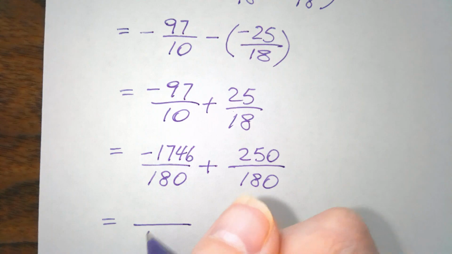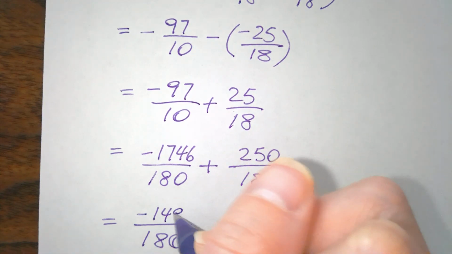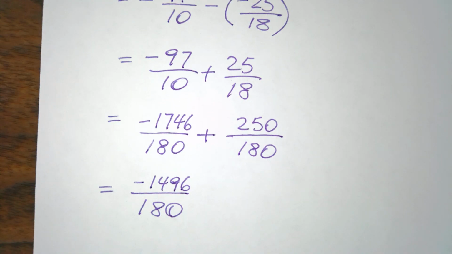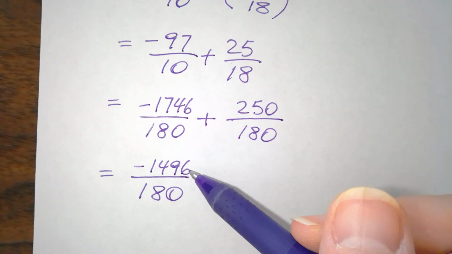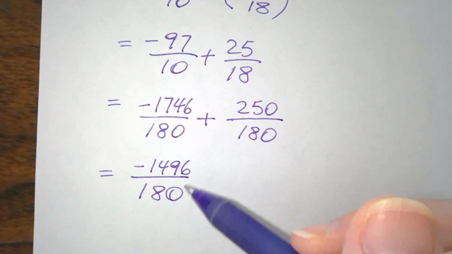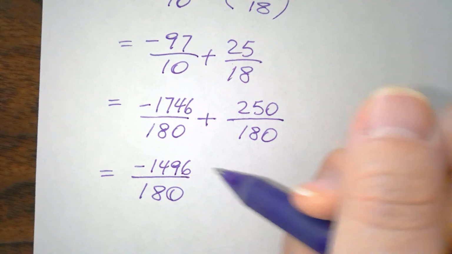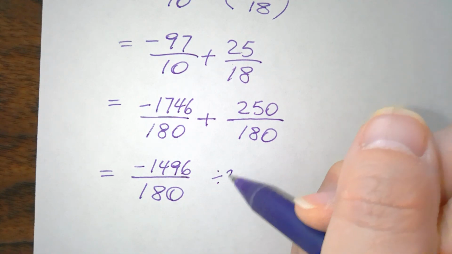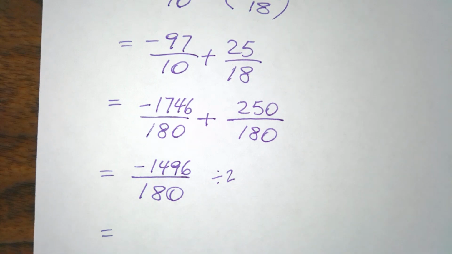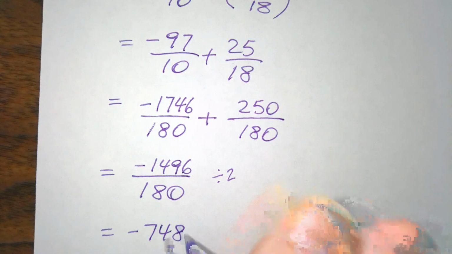Now I can add negative 1746 plus 250. I get negative 1496. Well, I have an even number and an even number, so I know I can definitely reduce this. Since they're both even, I can divide both numbers by 2 and I get negative 748 over 90.